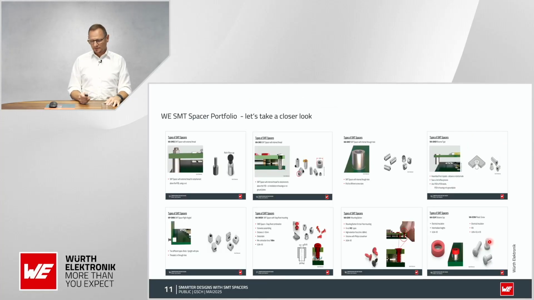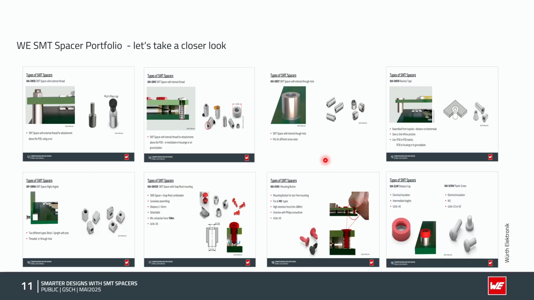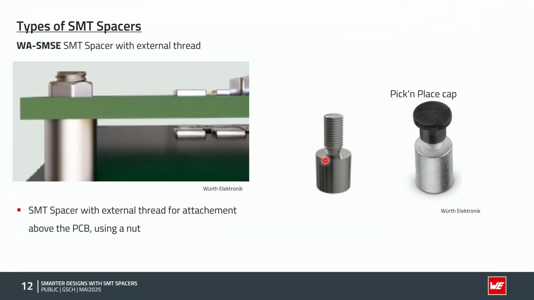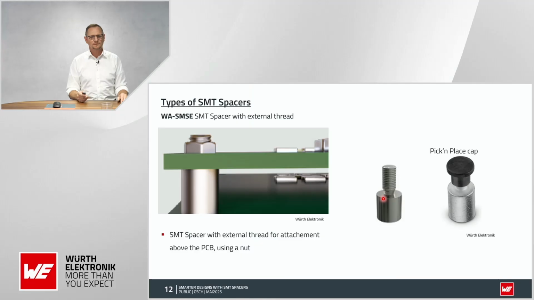So here's a quick overview of the different types that we can offer. This is the spacer with external thread. You can see the body, and on top there is an open outside thread, and this component is placed on the ground PCB.